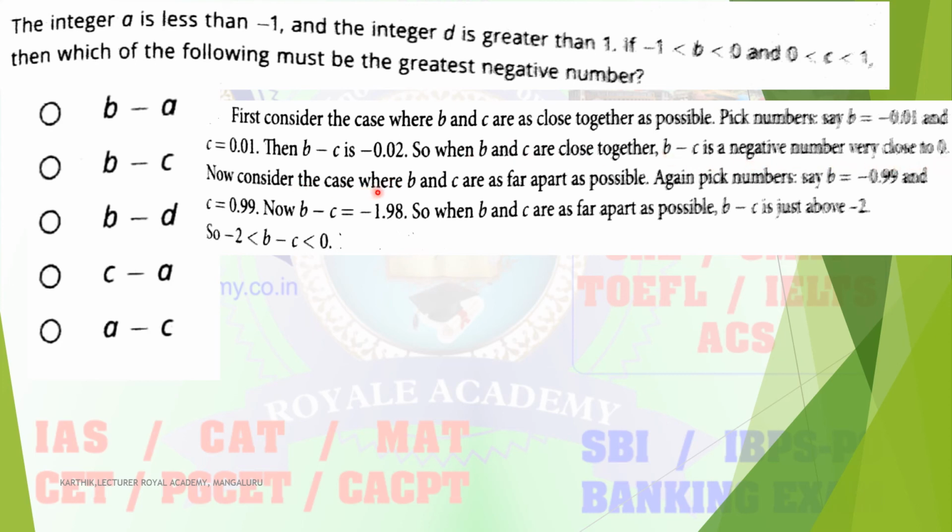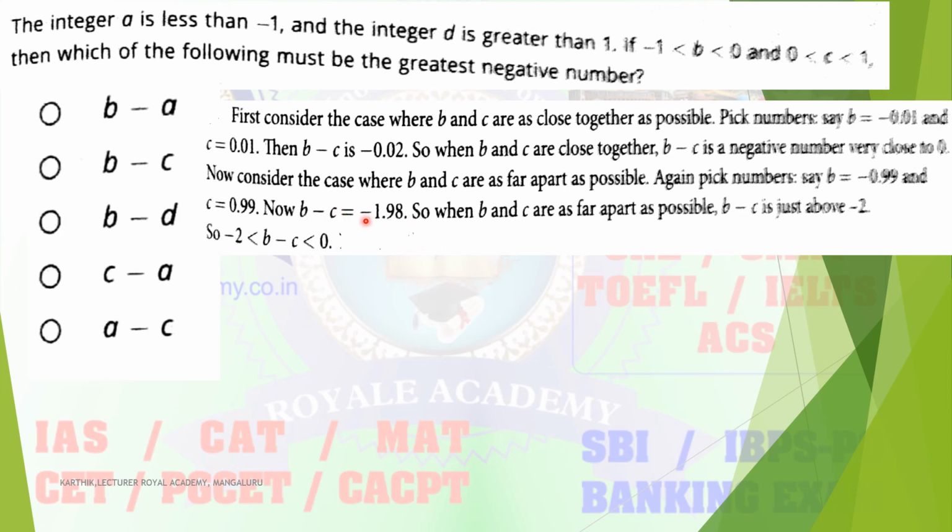Now consider the case where b and c are as far apart as possible. This first case was close to 0, now move apart from 0. Choose b equal to -0.99, since it should be between -1 and 0, and c close to 1, so 0.99.